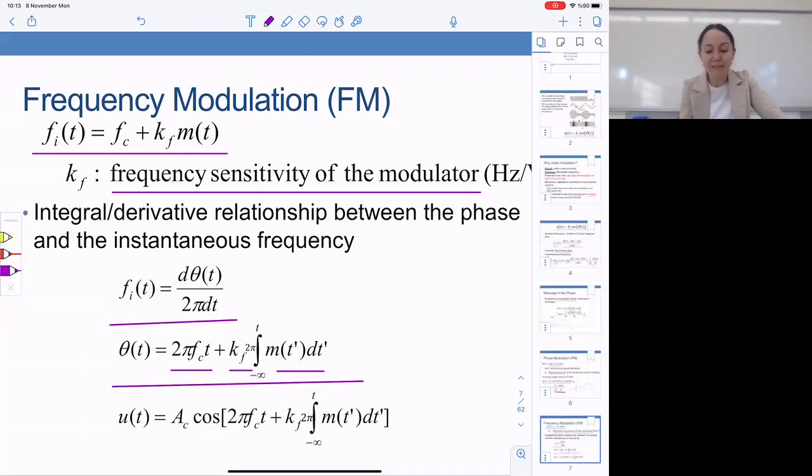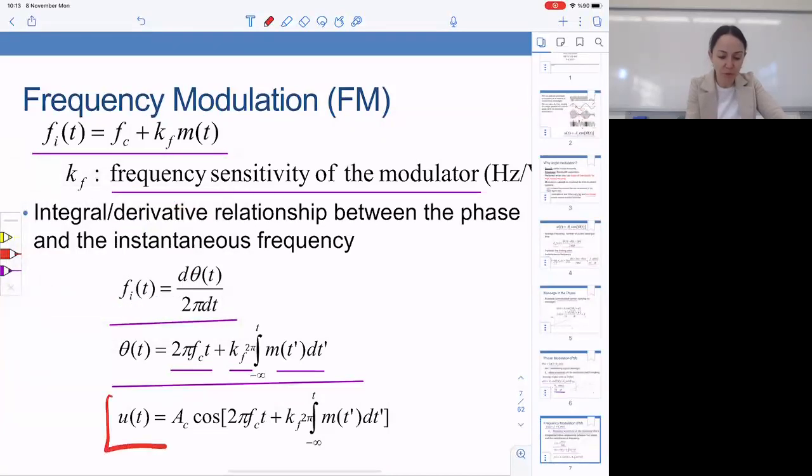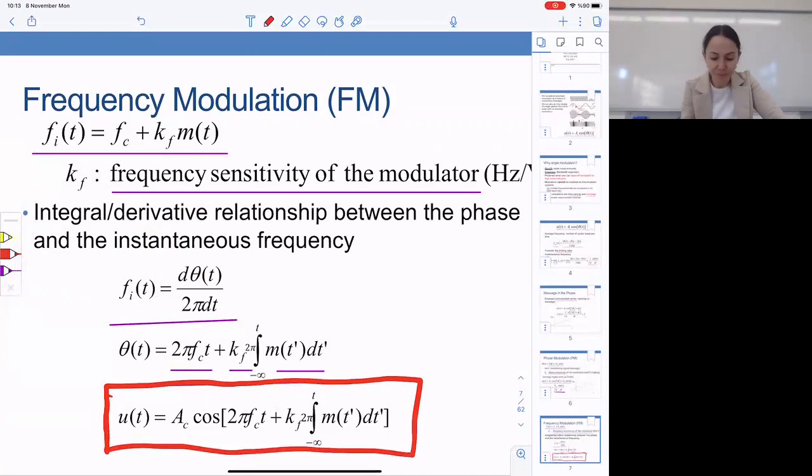Interesting. So the integral of our message is going into the phase. So an FM modulated signal looks like this. Ac, that's the carrier amplitude as before, cosine of 2 pi fc t plus 2 pi kf times the integral of our message.